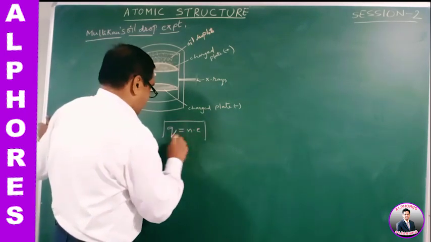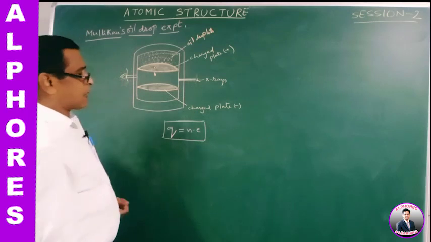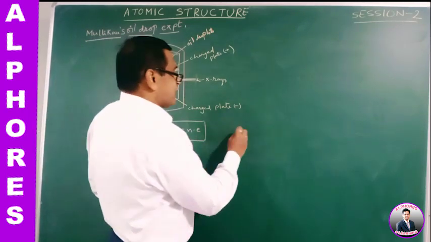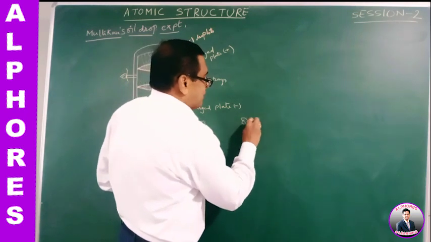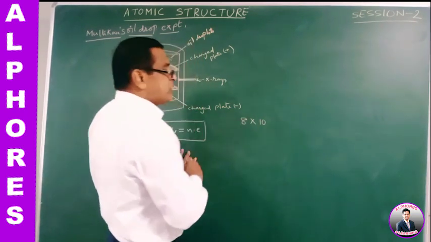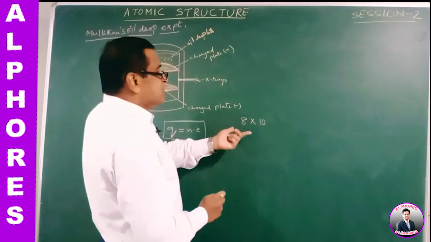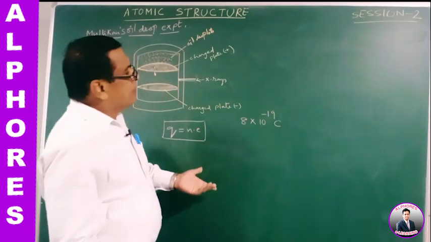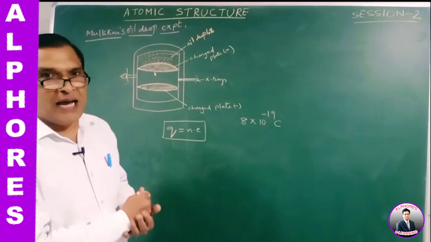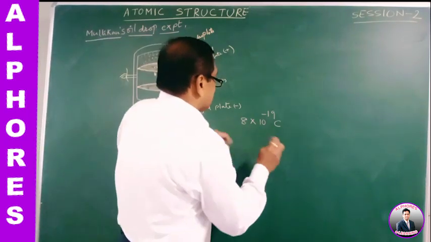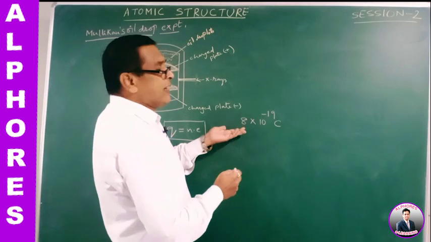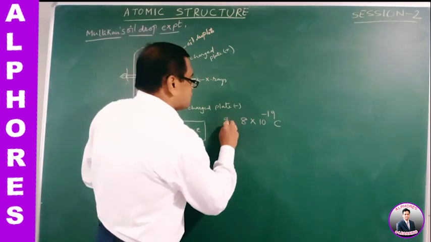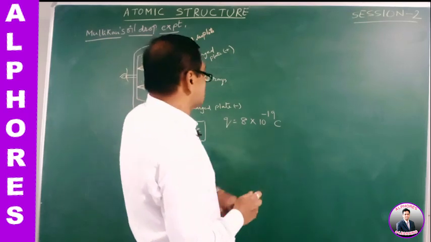For example, an oil droplet possesses 8 into 10 to the power minus 19 coulombs of charge. How many electrons does this charge have? According to Millikan, Q is equal to 8 into 10 to the power minus 19 coulombs.